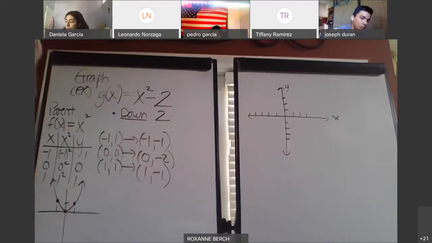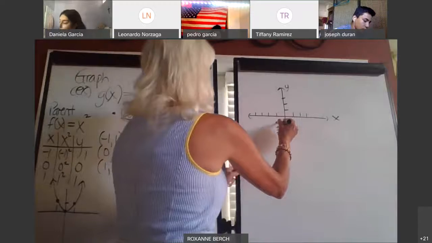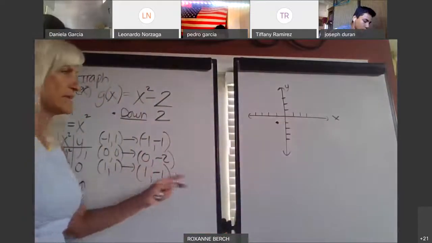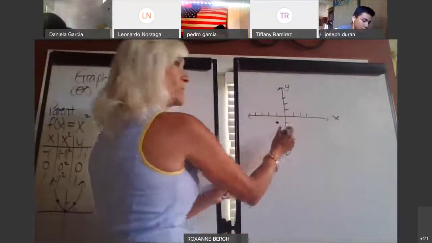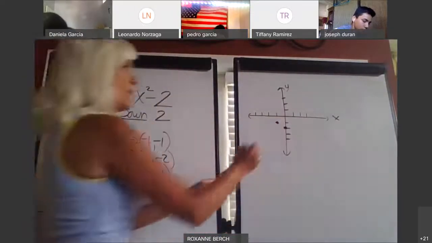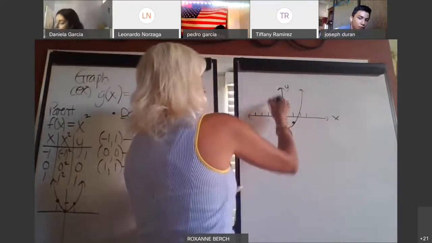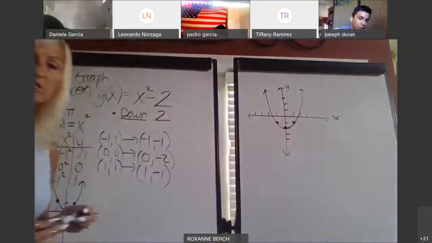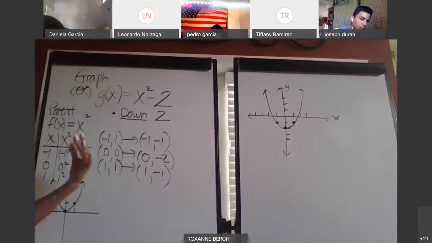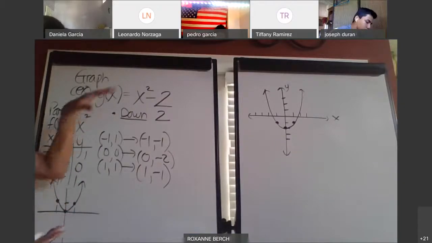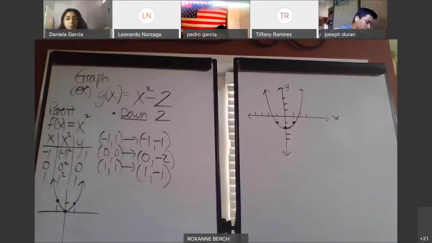So the first point is left 1, down 1. The next point is 0, down 2. And the next point is right 1, down 1. So there's your quadratic. And we know this is right because this is the parent shifted down 2. Let's do another problem.